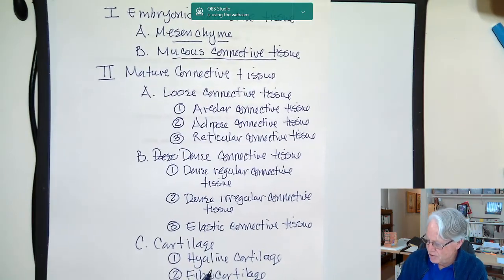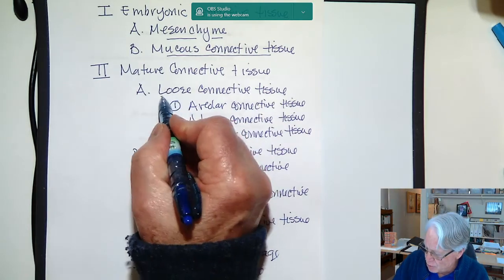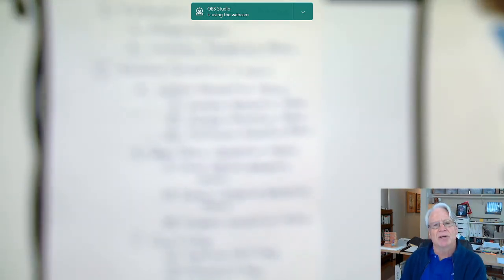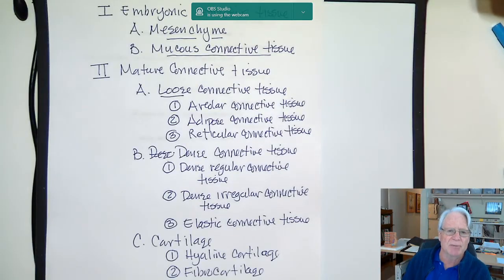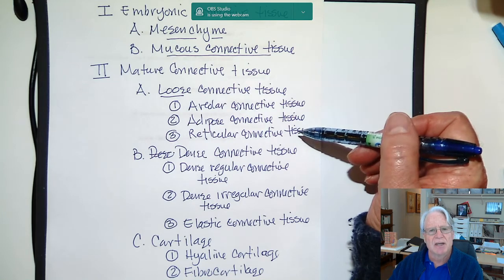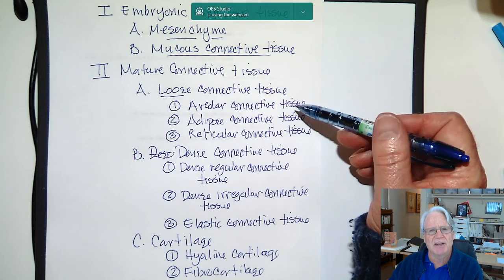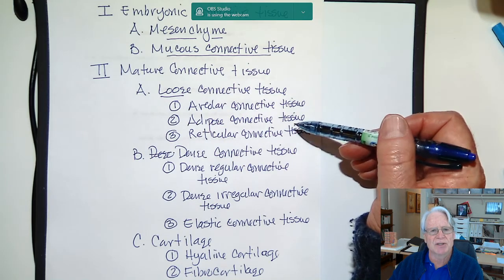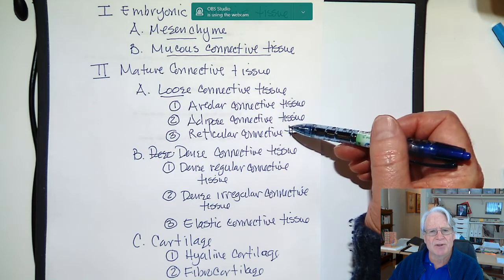And here the organization is, when we talk about loose, what I'm referring to is the density of fibers. So in these types of tissues, the density of fibers is not very great. So fibers are present, but they're not in high concentrations. And that's what unites all three of these different types of tissues together.